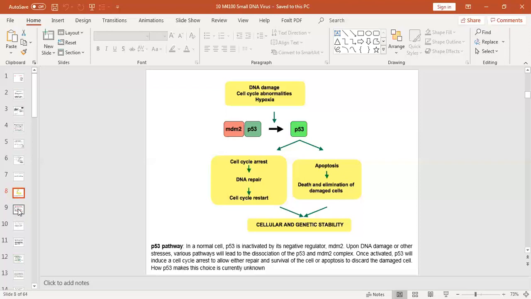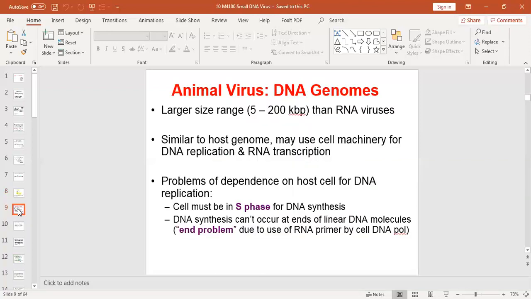Moving on to slide number 9, animal viruses that have DNA as their genomes. The size of animal DNA viruses is larger than RNA viruses. They range from 5 to 200 kilobase pairs.